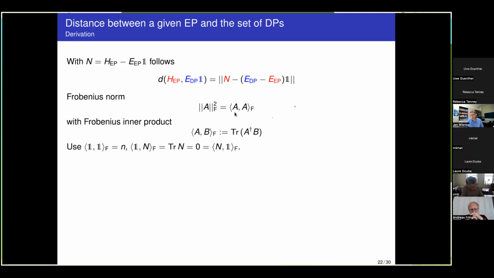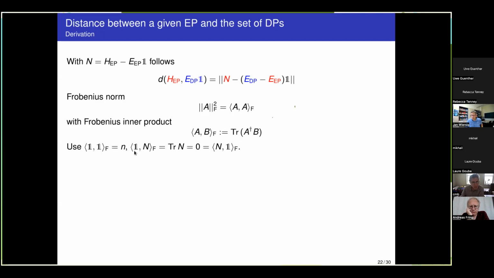So we take the Frobenius norm, and we take advantage of the fact that we can write the Frobenius norm also by using the Frobenius inner product, right? And then it's easy to see that the Frobenius inner product of the identity with the identity is just n, where n is the dimension of our Hilbert space.